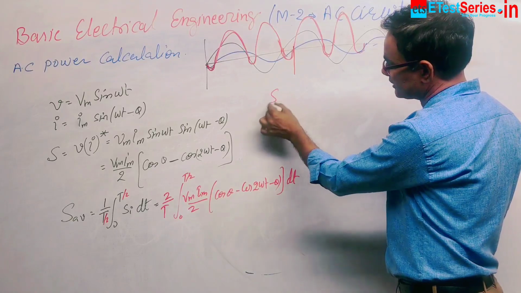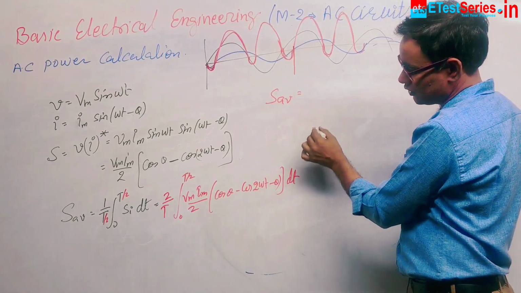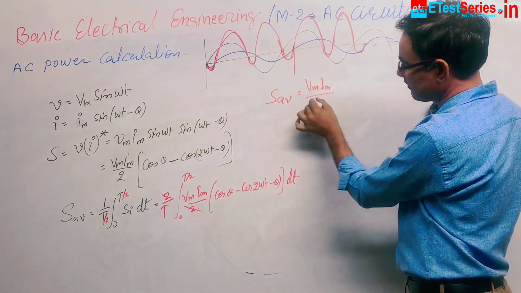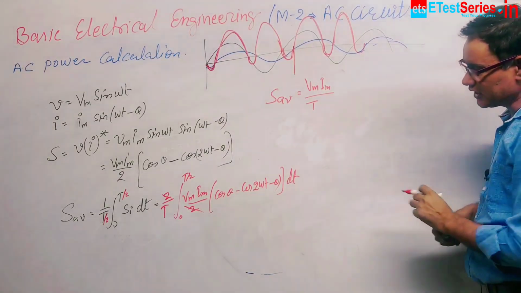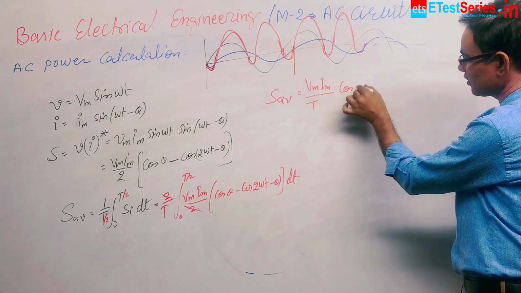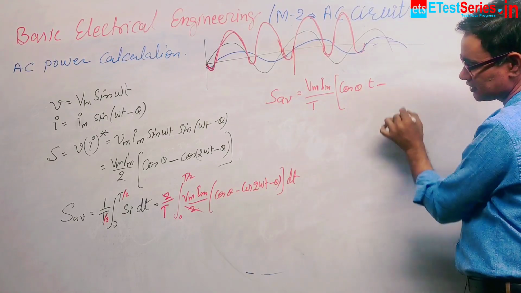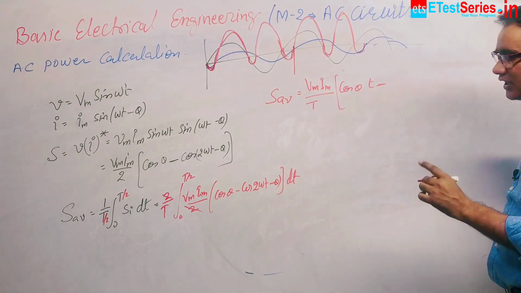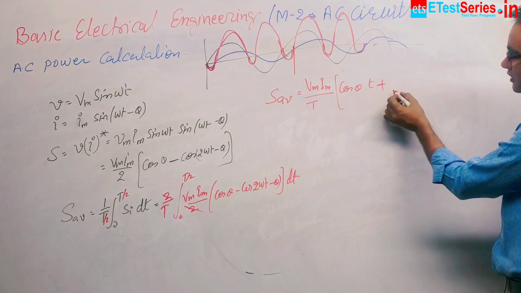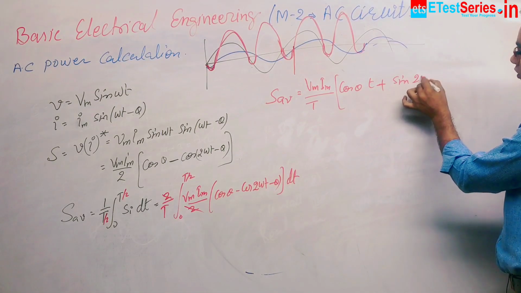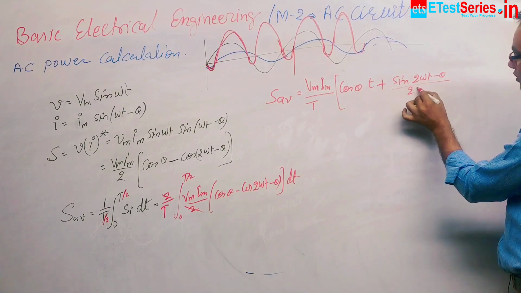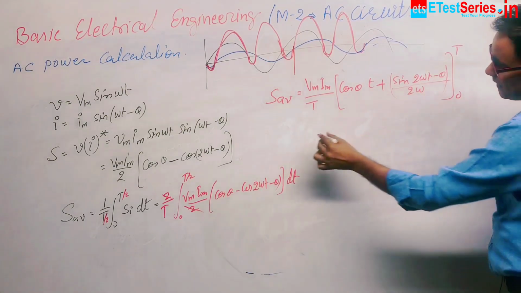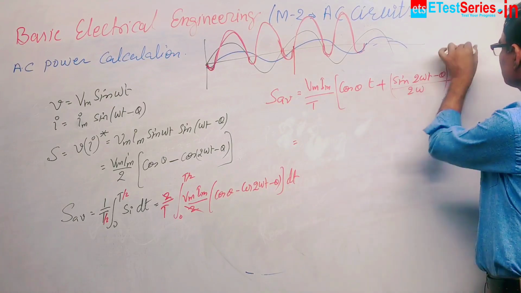So we will find out the value of S average, which is equal to, the 2 and 2 get cancelled out, giving Vm Im by T. The integration of cos theta is cos theta into t, minus the integration of cos of 2 omega t minus theta, which gives sin of 2 omega t minus theta upon 2 omega, and the limit is from 0 to T by 2.